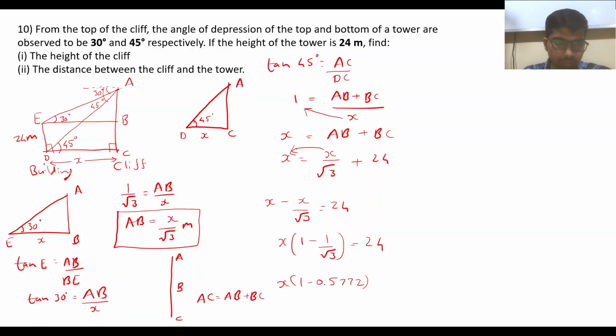Make it 0.5774. 1 minus 0.5774 कितना आएगा? You get as 0.4226.